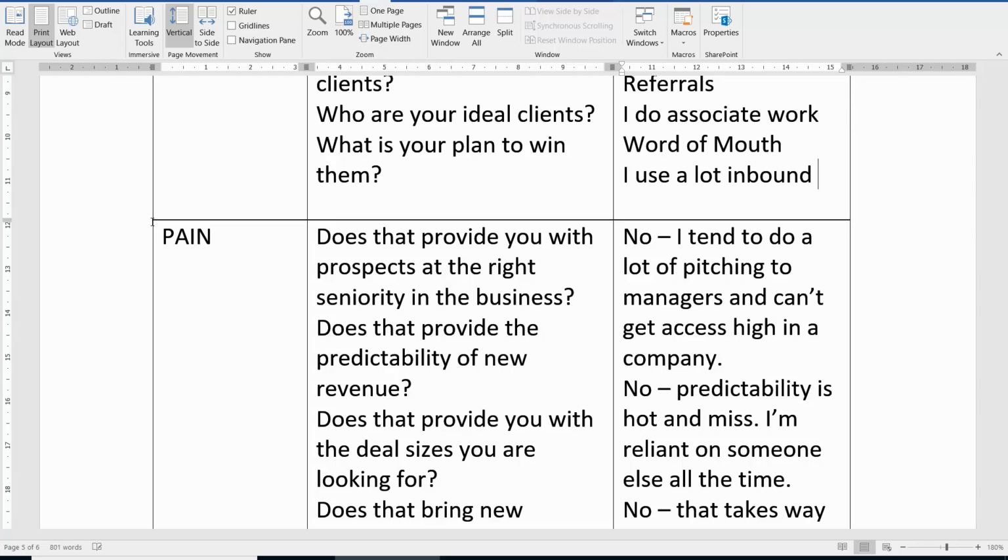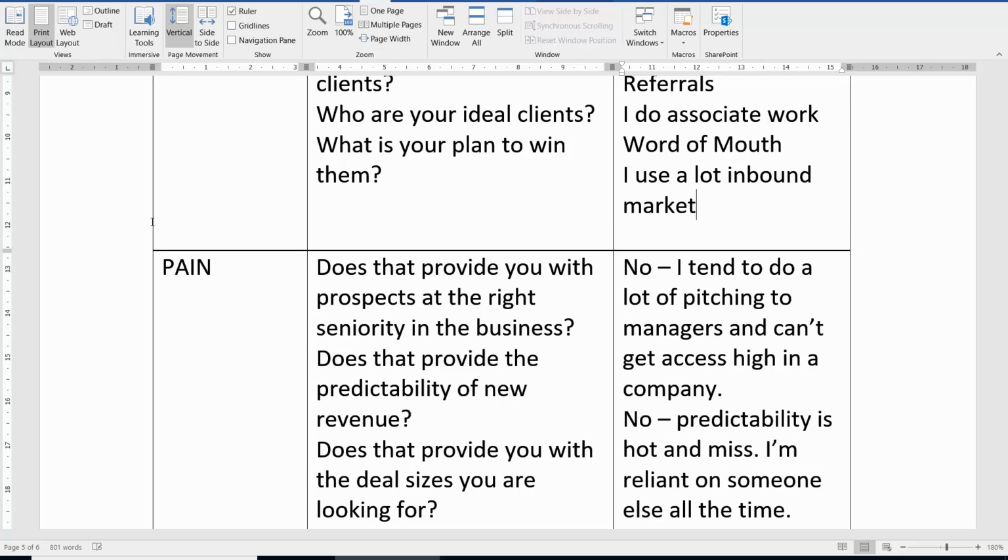It tends to get you into middle management level. So that would be, does that provide you with prospects of the right seniority in the business? They could potentially answer, no, I tend to do a lot of pitching to managers, can't get access high enough in a company.